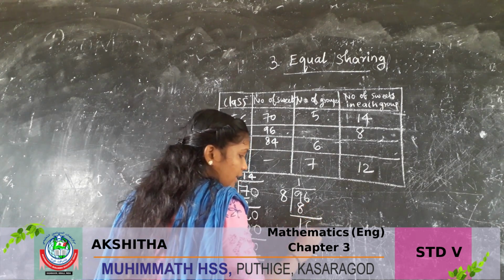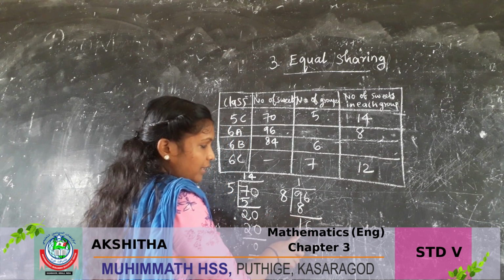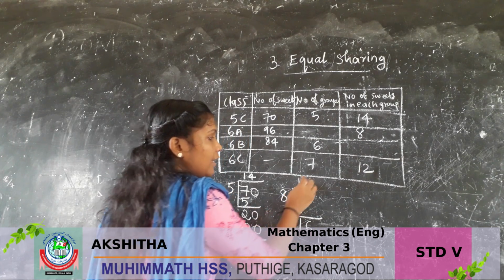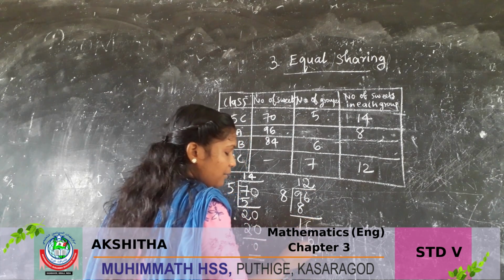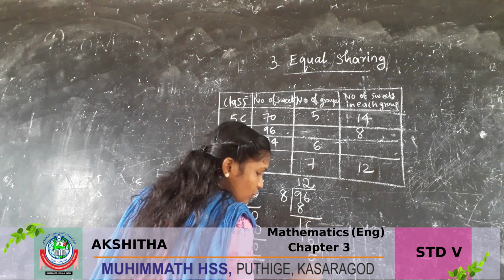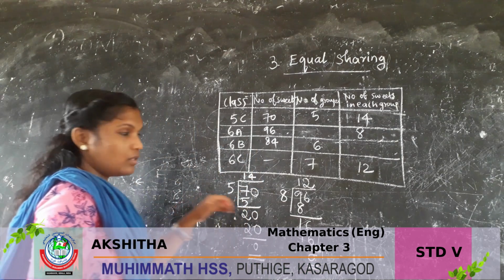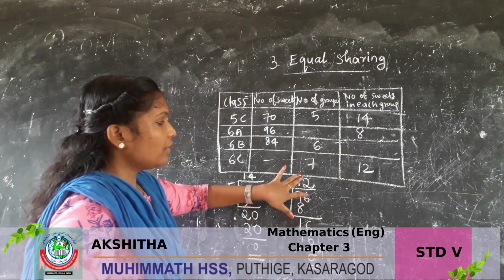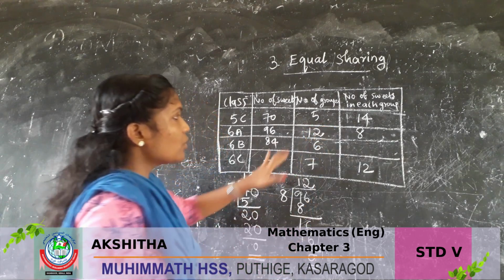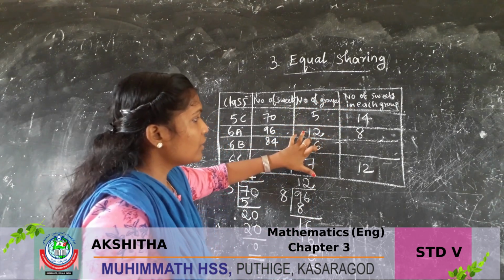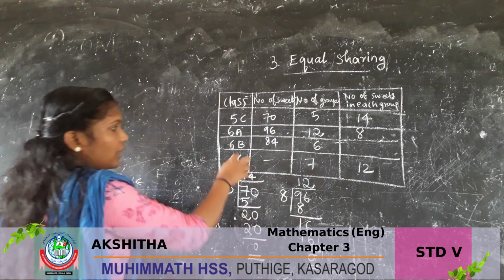And we bring down 6. 8 how many times is 16? 8 twos are 16. 16 minus 16 is 0. So the quotient is 12. So the number of groups is 12.